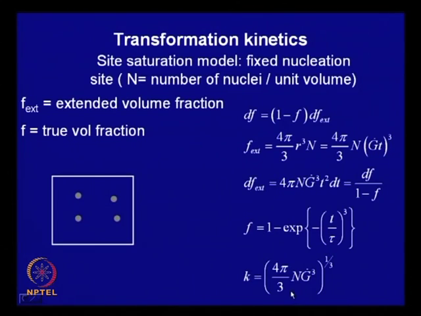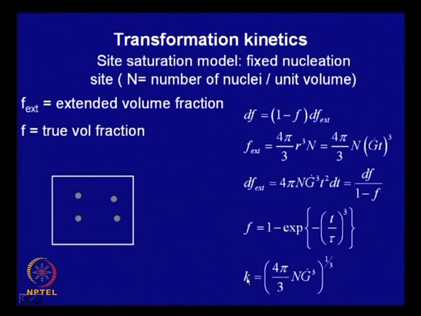And what do you get? Look at that expression. See, this is a constant. And you can find out this constant is equal to, so rather I think this should be 1 to the power n.